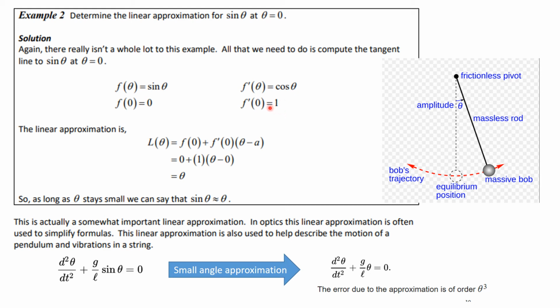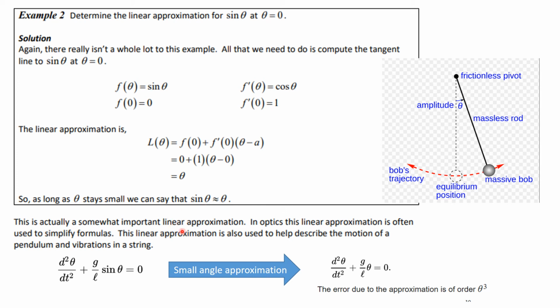So that means the slope is 1, and the point is 0, 0. So L of theta is going to be f of 0, which is 0, plus 1 times theta minus 0. So I just get theta. And so what this says is that the sine of theta, which we were approximating, is approximately equal to theta. And you see that makes sense because sine of theta over theta, the limit as theta goes to 0, is 1.